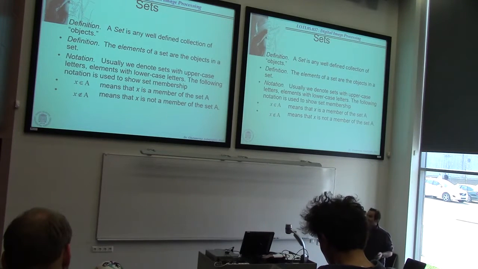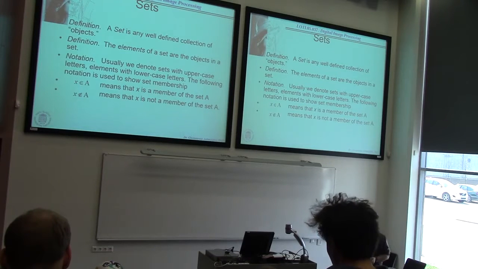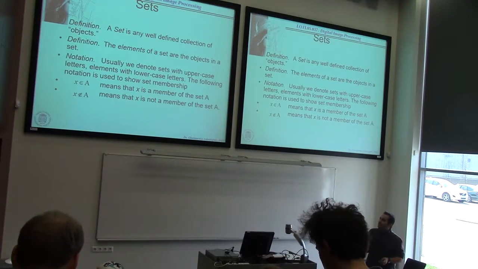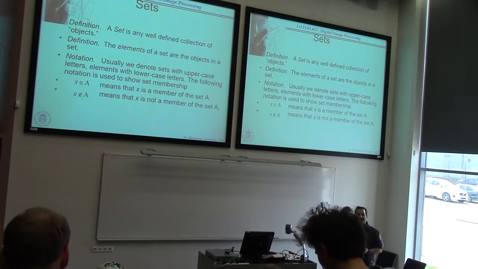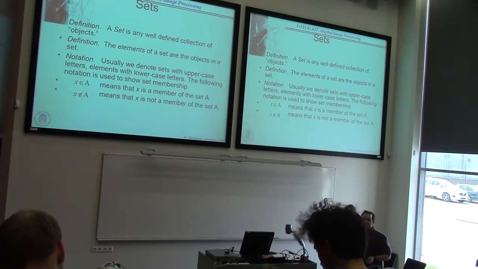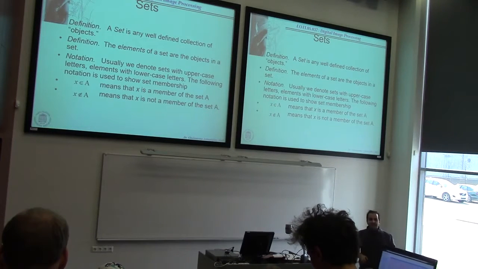And you know that with these signs, we can say that, for example, x is a member of the set A, or x is not a member of the set A. Usually we show sets with capital letters or uppercase letters, and we show the objects or elements with lowercase letters.